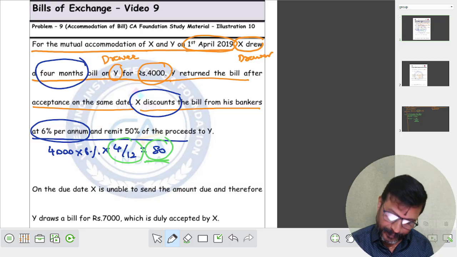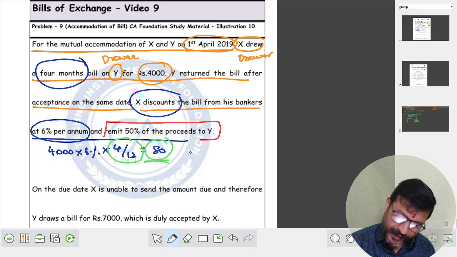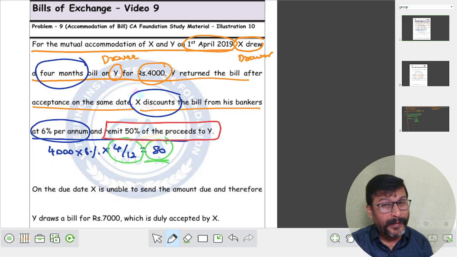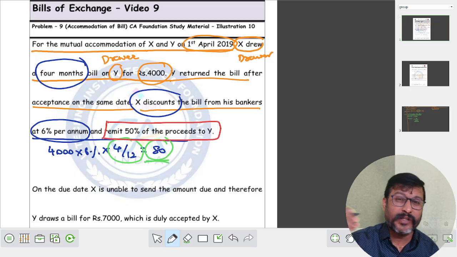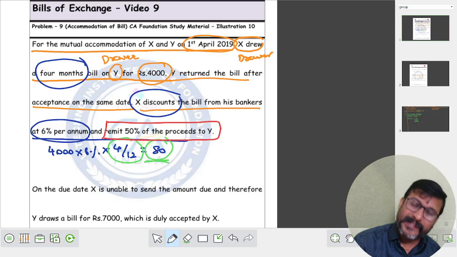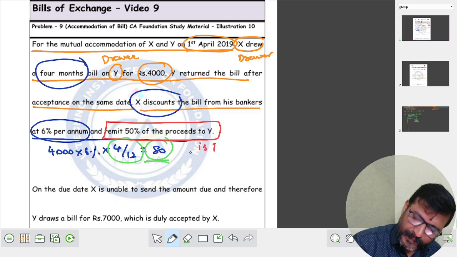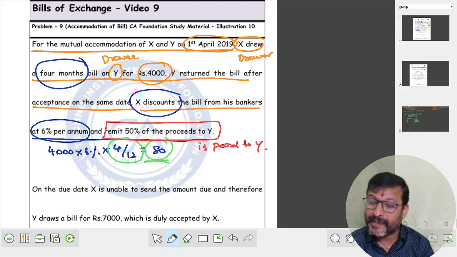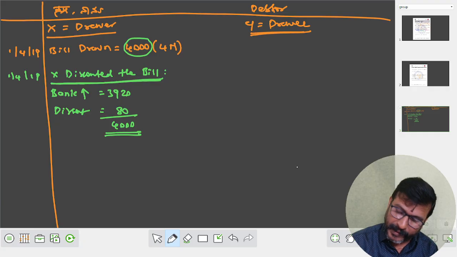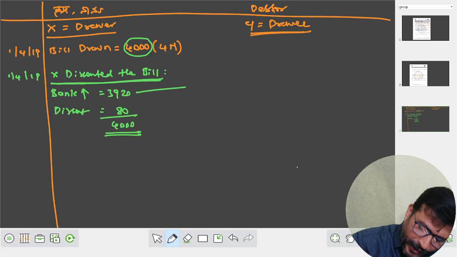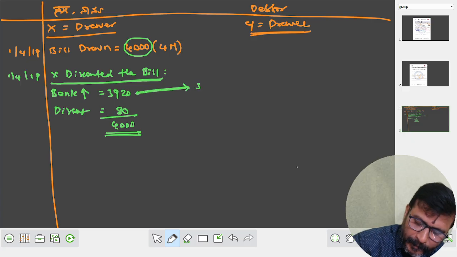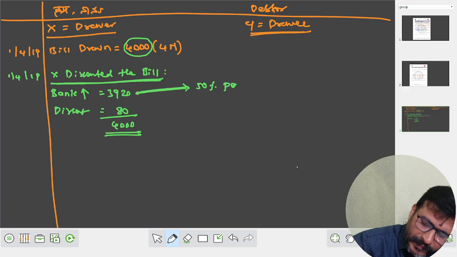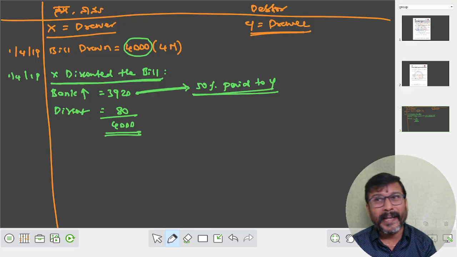See what happened next. Remit 50% of the proceeds to Y. What do you mean by remit 50% of the proceeds to Y? It means 50% is paid to Y. From here, you drag one line. 50% paid to Y. What happened to X?